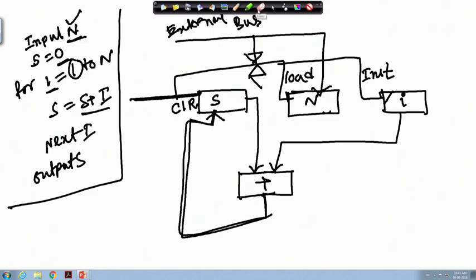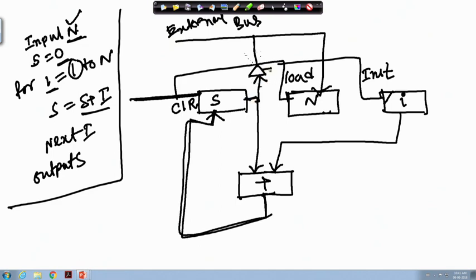When the total job is finished, this buffer will produce the corresponding S value, which will go out through this external bus. Okay.